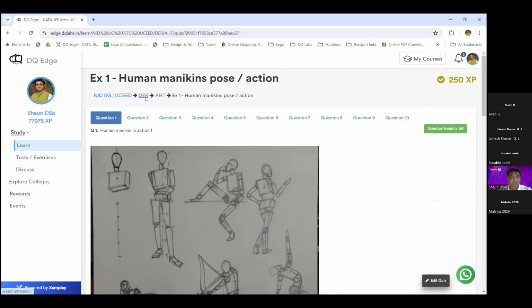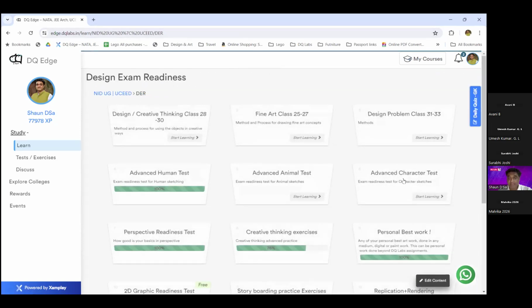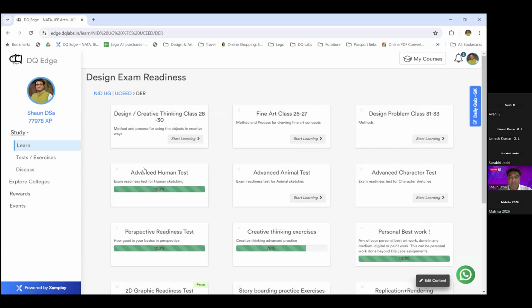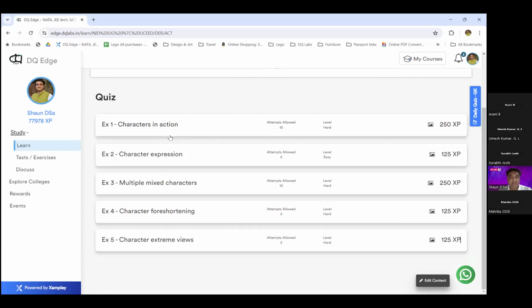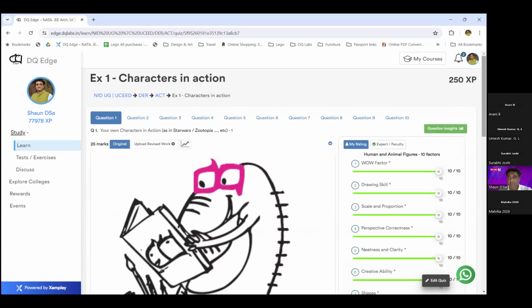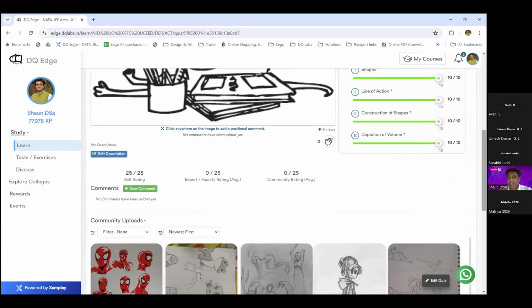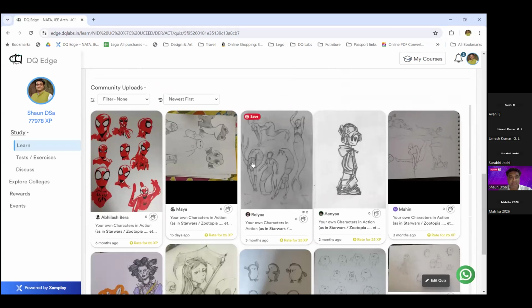Also keep in mind, try to have variation. If you stick only to human mannequins, you'll get tired. Have variation across mannequins, animals, characters. Characters are also very interesting: characters in action, character expressions. These are beautiful examples.